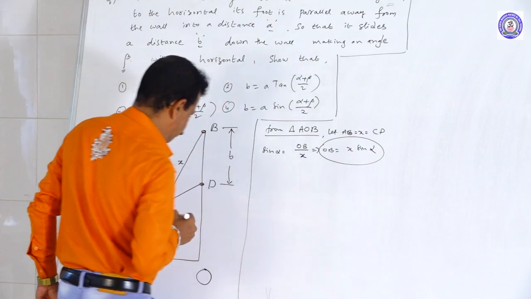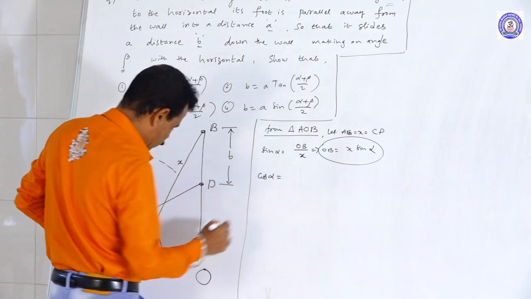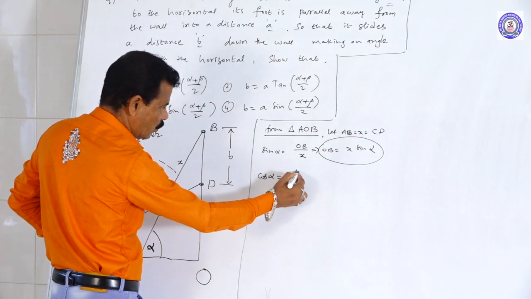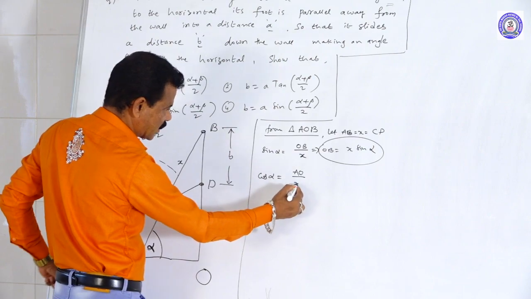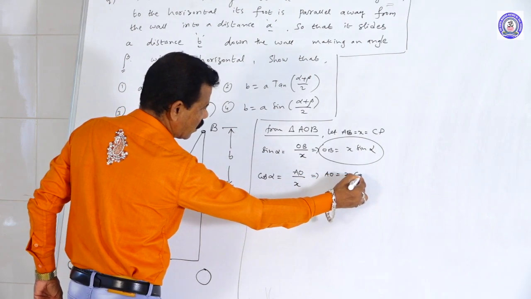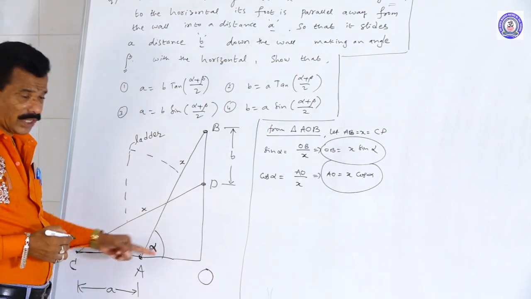One relation. After that, cos alpha is equal to adjacent AO by hypotenuse X, so AO is equal to X cos alpha. This is another relation from the first triangle.